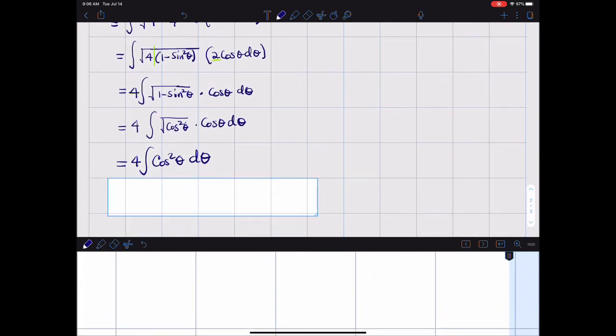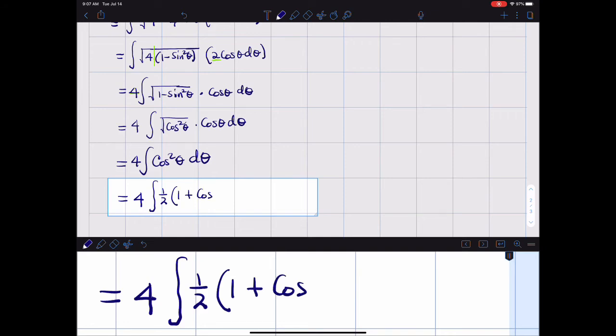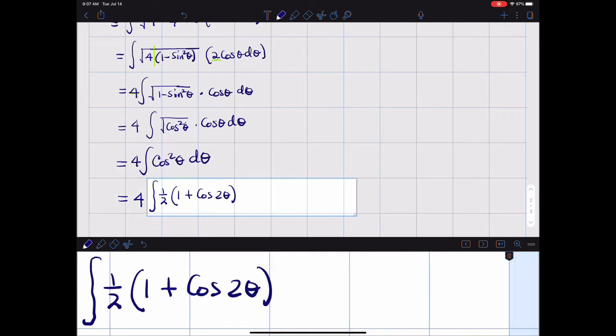So in this case, we have 4 times the integral of cosine squared theta, which can be written as 1/2 times 1 plus cosine of 2 theta d theta.